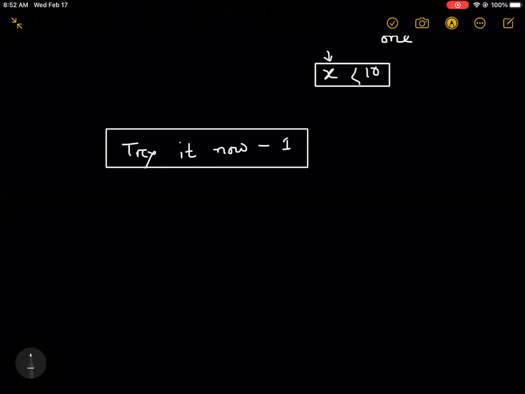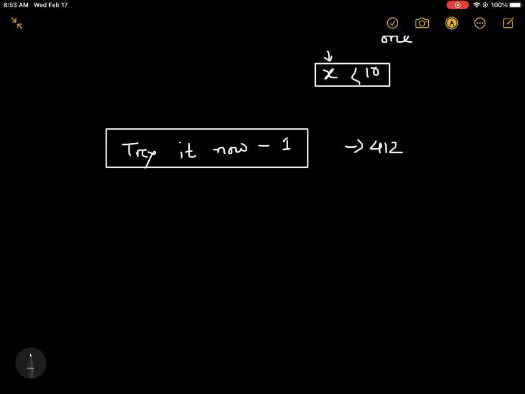Try it now 1. That's on page, I believe, 412. Try to use this concept. You don't need to write the negation, just have it at the back of your mind. When I ask you, you just need to express it, okay?